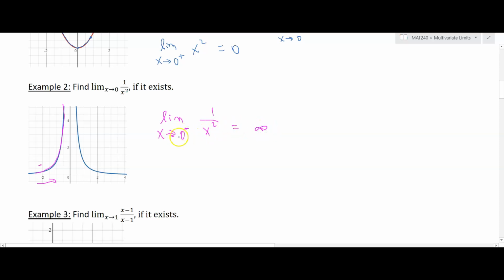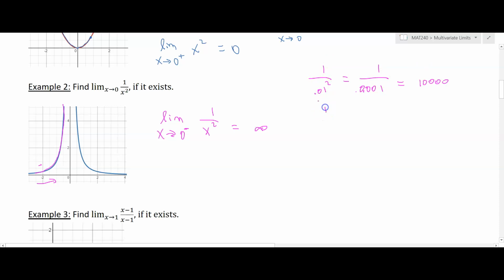So if you think about it this way, if you square a really, really small negative number, like 1 divided by 0.01 squared, you get 1 over 0.0001, and that comes out to 10,000.